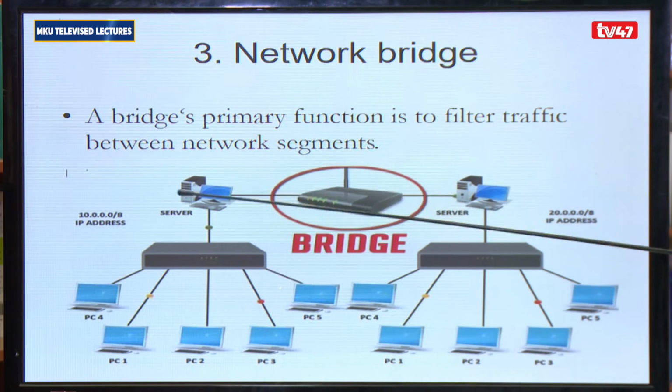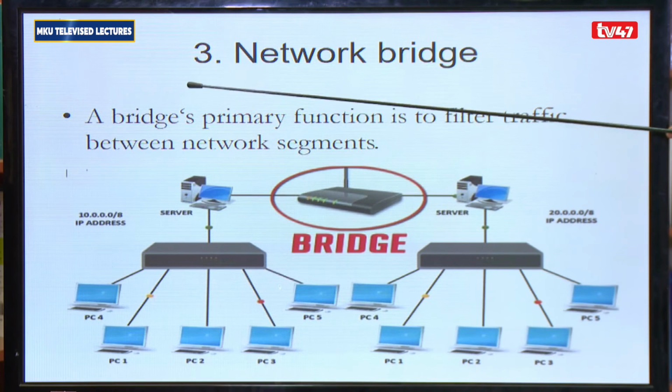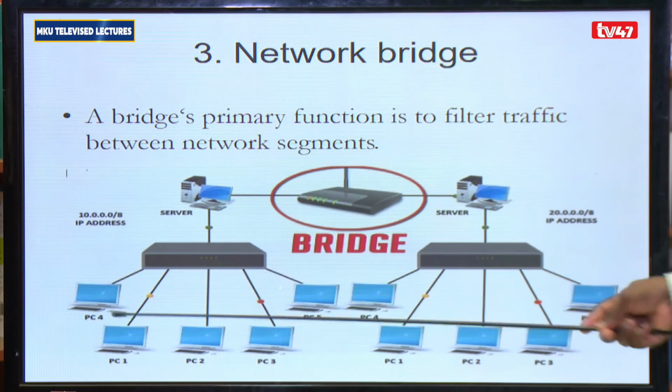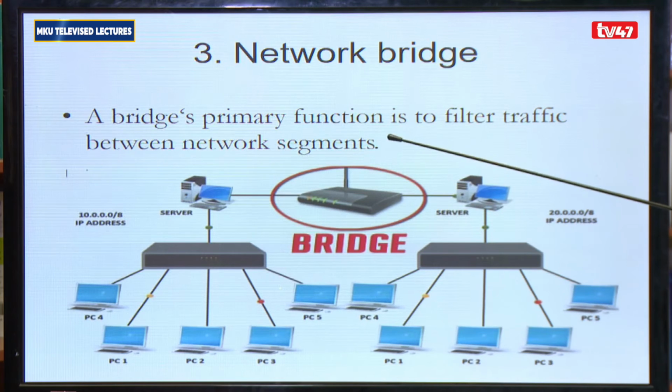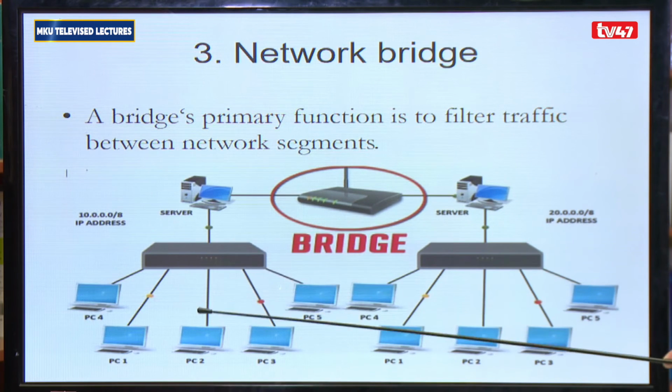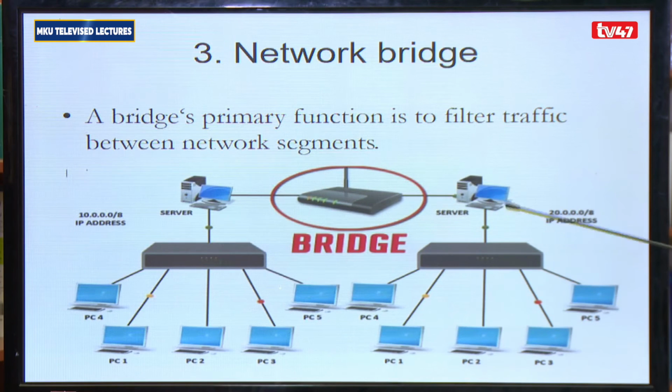That way, this particular network device is able to perform this function of filtering data by determining whether the data packets are going to cross to this other side or not. It's classified as a network device because it manages a single network.